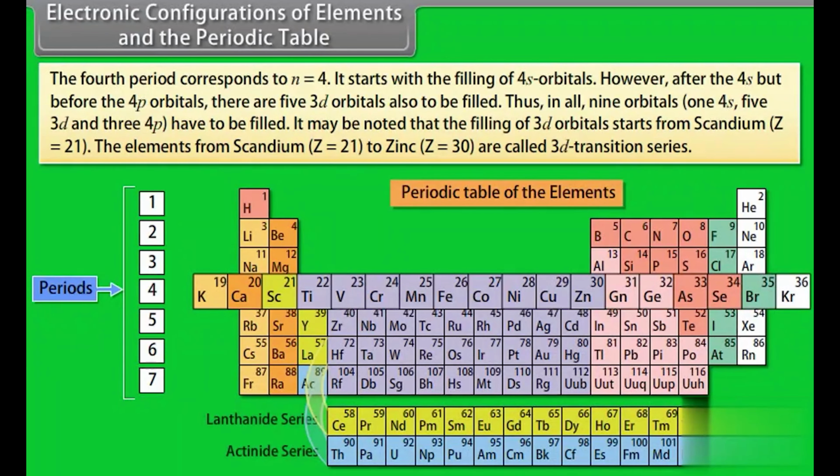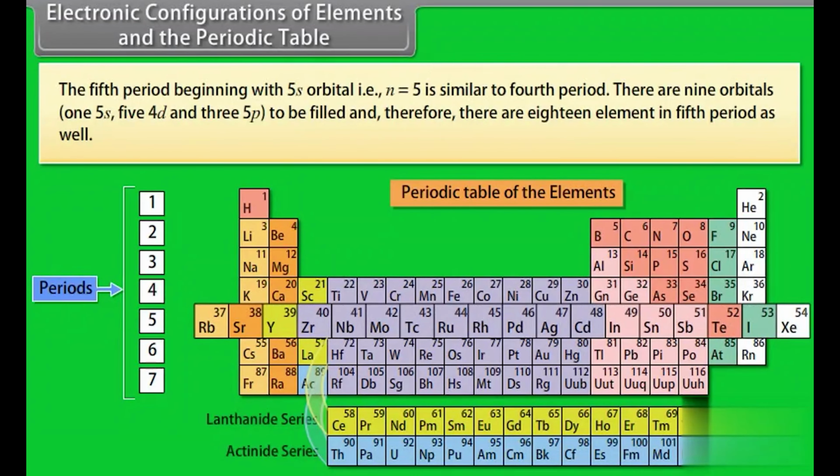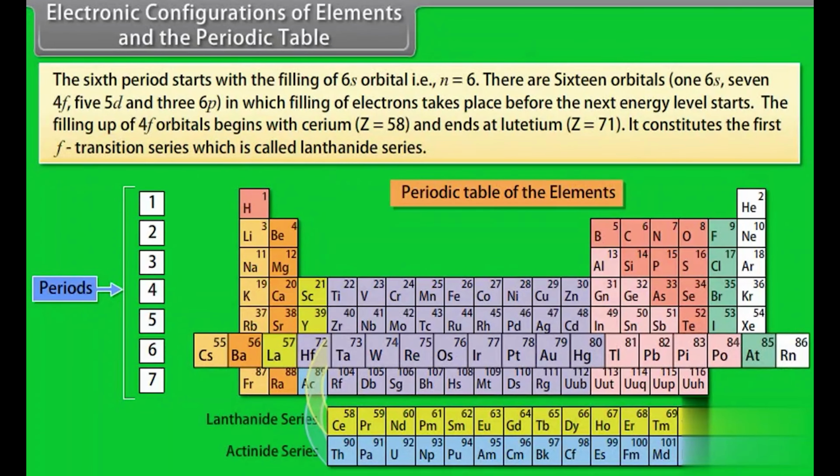The elements from scandium, atomic number 21, to zinc, atomic number 30, are called the 3d transition series. The fifth period beginning with 5s orbital, that is, n is equal to 5, is similar to the fourth period. There are 9 orbitals, one 5s, five 4d and three 5p to be filled, and therefore there are 18 elements in the fifth period as well. The sixth period starts with the filling of 6s orbital, that is, n is equal to 6.